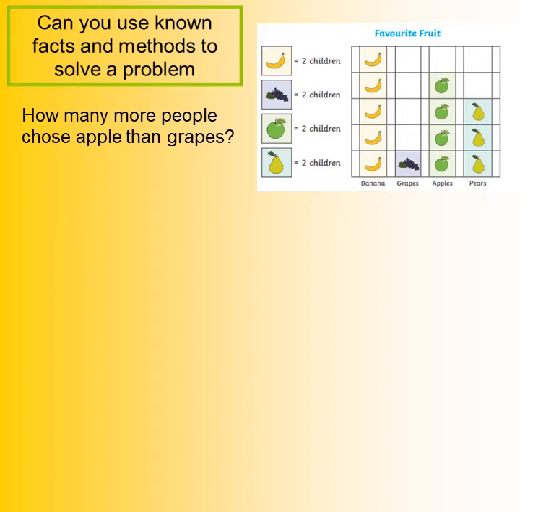Okay, so I'm going to do 8, take away, and there's 1 bunch of grapes, which means 2 children picked it. So 8 take away 2, which should be 6. Well done. So 6 more people chose apples than grapes. Well done. I think that's a bit tricky to get your head around. But well done if you did that.